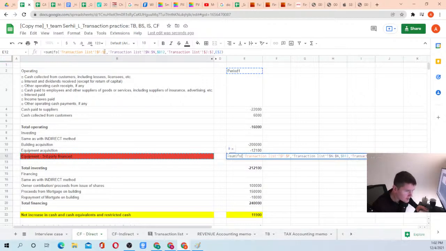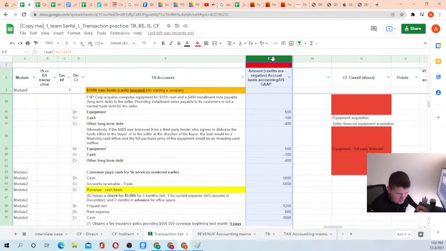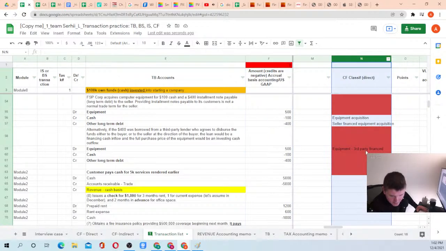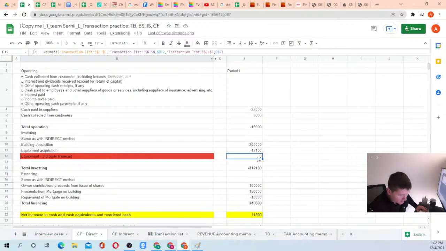Okay, I look into FF and I pick it up from NN. So FF, yes, NN, yes. Did I copy the right formula? Some ifs minus some ifs.